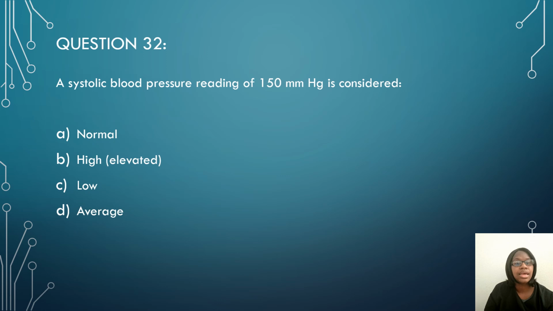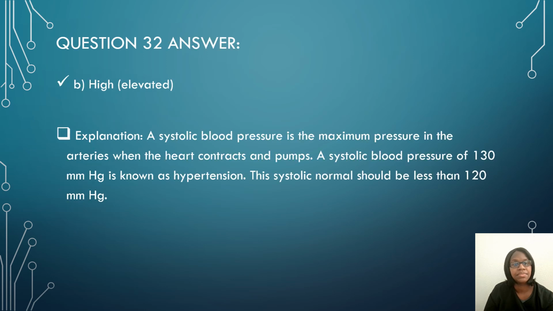32. A systolic blood pressure reading of 150 is considered to be what? It's going to be high or elevated because that reading should be less than 120 for a normal reading.